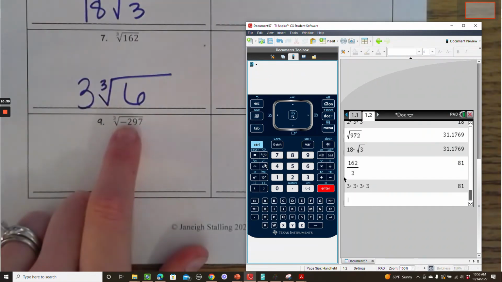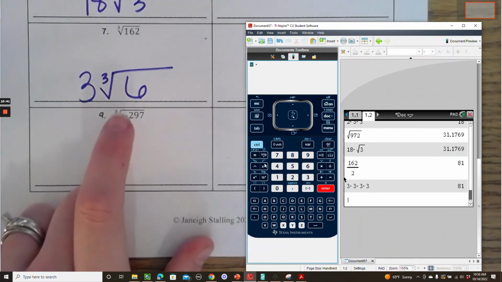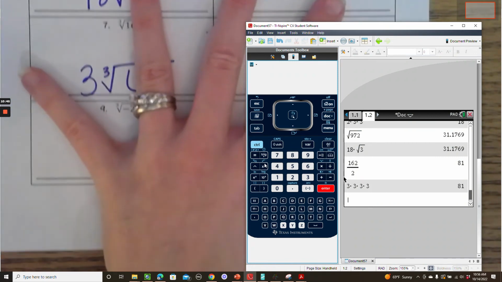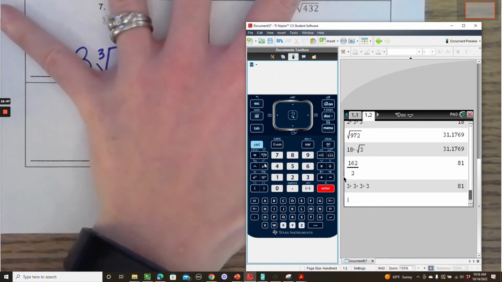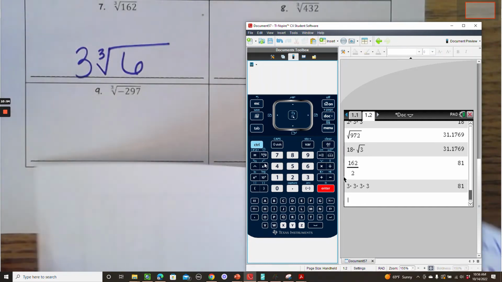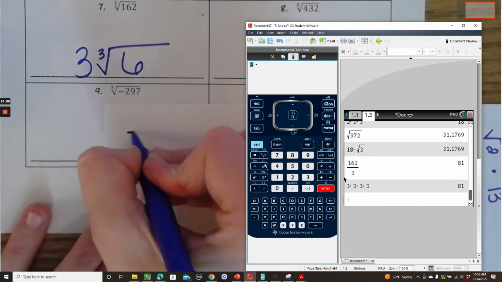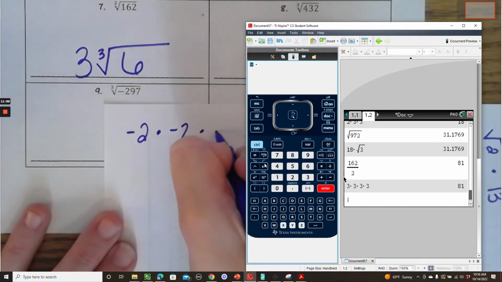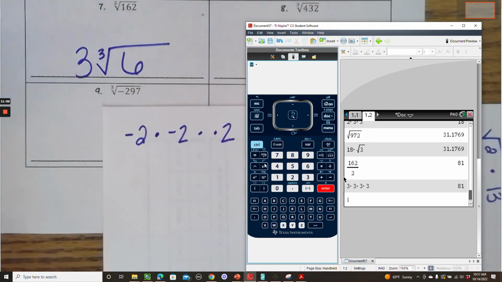All right. If you square root a negative number, you're starting to look at what are called imaginary numbers. But you can cube root a negative. The reason you can cube root a negative is because you can multiply 3 negatives together and get a negative.